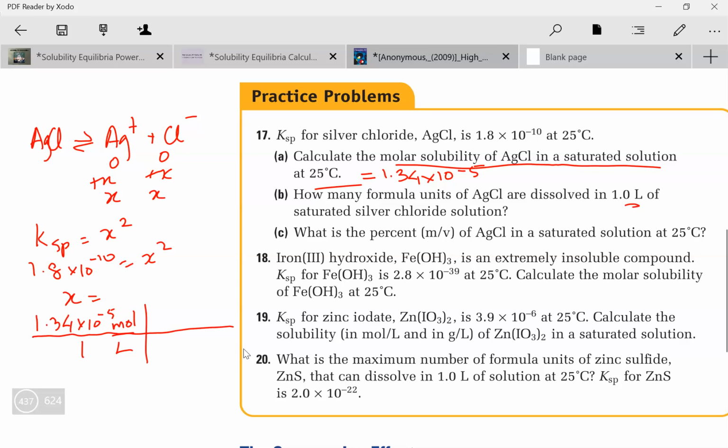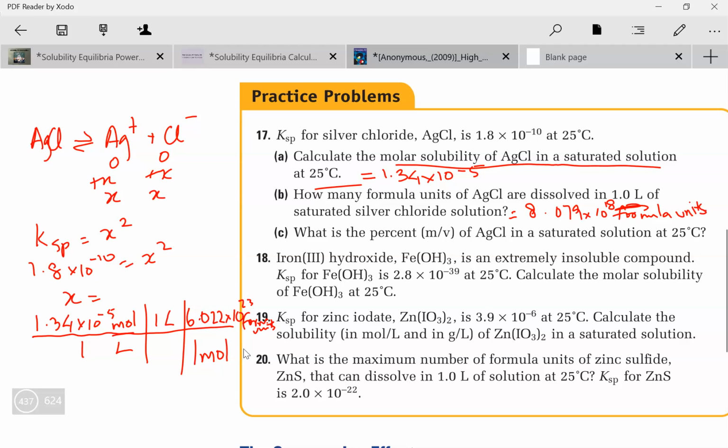We multiply that by 1 liter of solution, and also by 6.022 times 10 to the power of 23 formula units per mole, to get 8.079 times 10 to the power of 18 formula units.